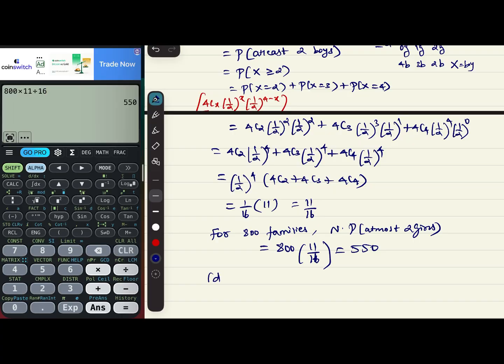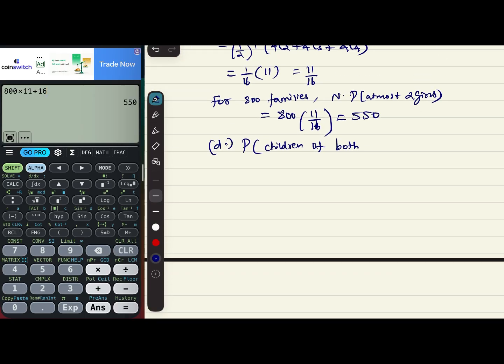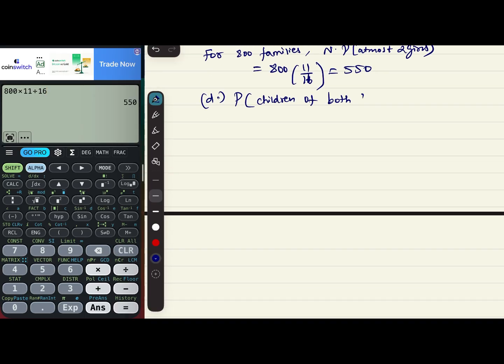So question number D: probability of children of both gender. Okay, we are supposed to find that. Probability of children of both gender means they may have boys as well as girls in that family.